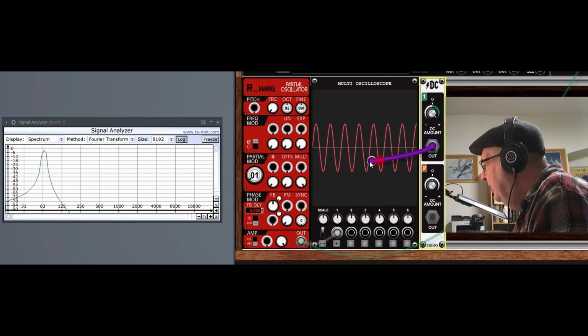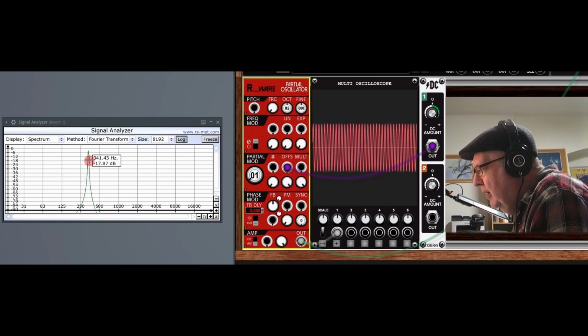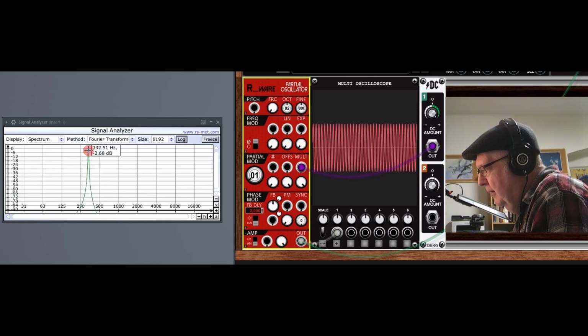Okay, so let me patch in 5 volt DC offset. And we land at 328 Hertz. And when I use the multiplication input jack, we land at 328 Hertz as well.